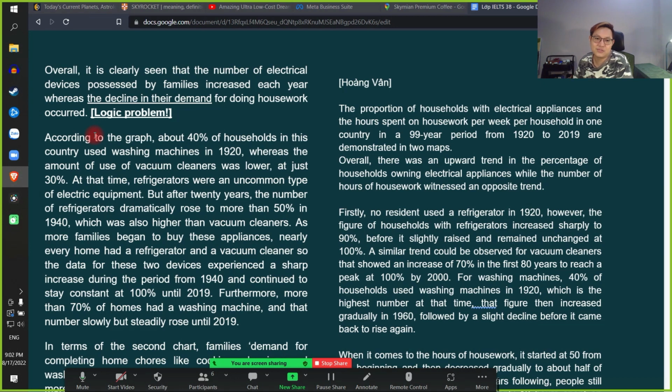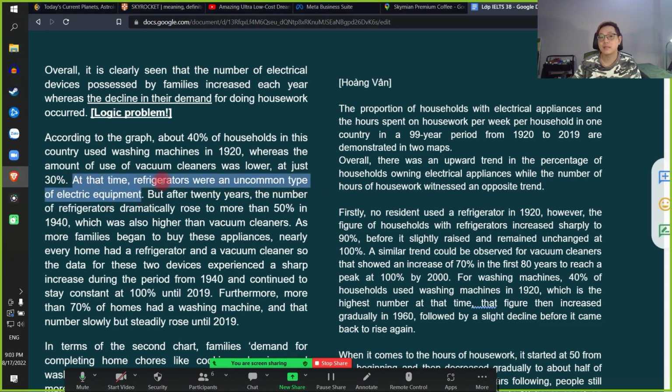According to the graph, about 40% of households in this country used washing machines in 1920. Okay. Whereas the amount of use of vacuum cleaners was lower. Was, đúng không nào? True, correct. At just 30%. At that time, refrigerators were an uncommon type of electrical equipment.